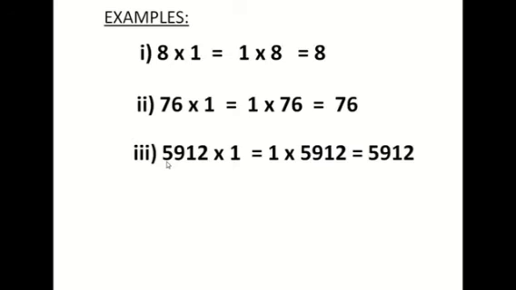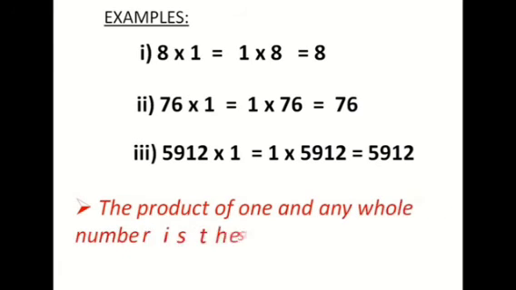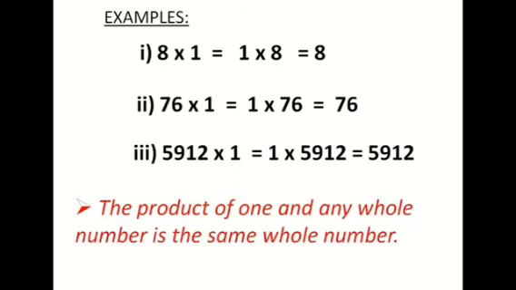In the third example, I have taken one more whole number 5912 and multiplied with 1. The product is coming 5912. If I interchange their place, again the product is coming 5912. So what we can conclude seeing these three examples? So we can say that the product of 1 and any whole number is the same whole number.